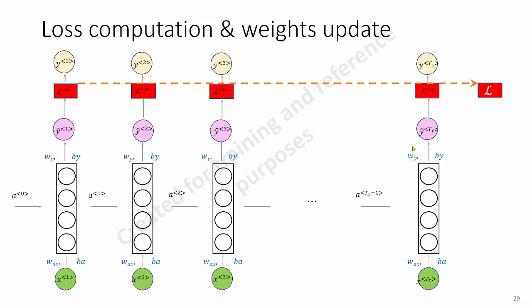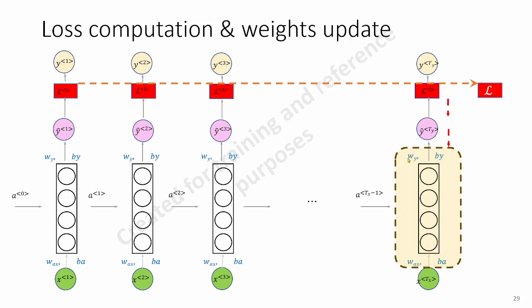Now, this is where the trick is used. We use this loss function to do a gradient calculation and the adjustment required in the weights matrix. That is done at the last time step.